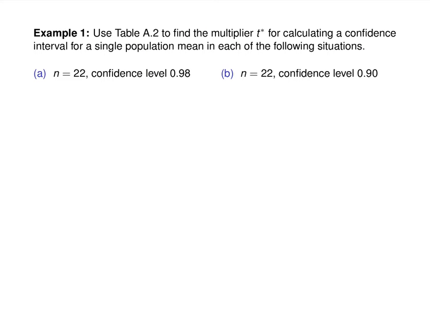So first, let's find the T-star multiplier for the following sample sizes and confidence levels. So if our n is 22, remember that our degrees of freedom is 21. And if we would like a 98% confidence level, the T-star value for that is 2.52.